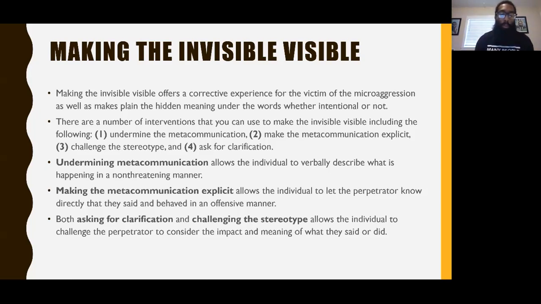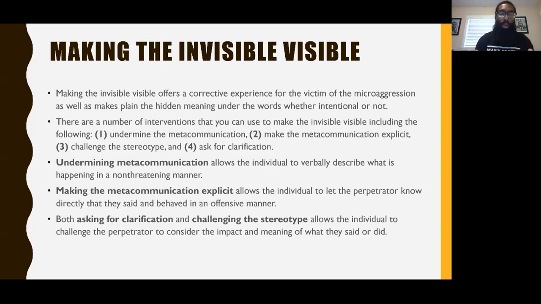And so, undermine the meta communication and making the meta communication more explicit are all ways for us to bring what is not being said into one's awareness, because sometimes we say things and don't realize why we're saying the things that we are. So, for example, if someone comes up to me and asks how many kids I have versus do I have kids, there's a subtext underneath that because there's this expectation that as a Black male, I should just have children, and most likely I should have several children.